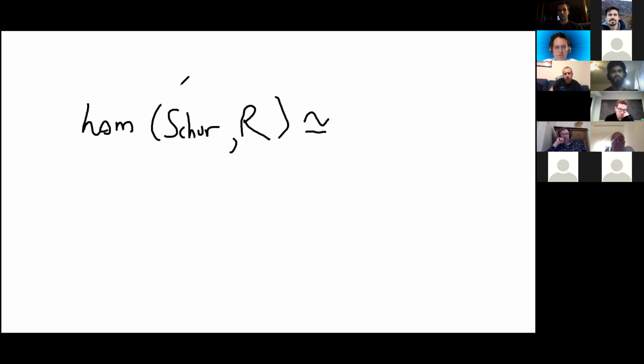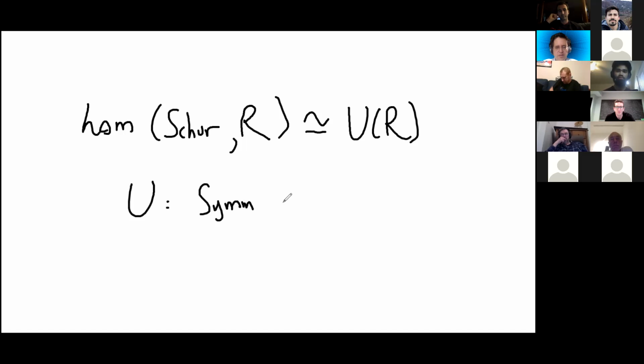There's a category of these things now, because there are these maps and then natural isomorphisms between these maps. And that will be isomorphic to what I could call U of R, where U is the thing that says, you give me a symmetric tworig, and it will have an underlying linear category.